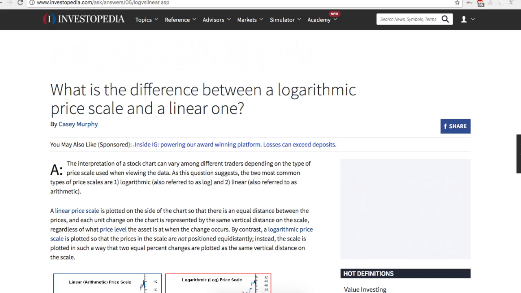By contrast, a logarithmic price scale is plotted so that the prices in the scale are not positioned equidistantly. Instead, the scale is plotted in such a way that two equal percent changes are plotted as the same vertical distance on the scale.